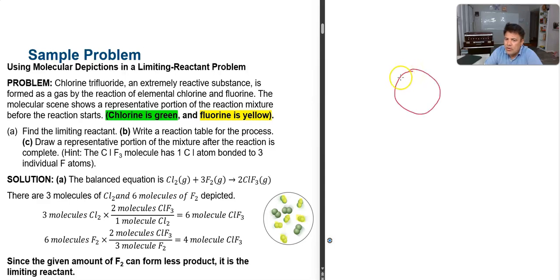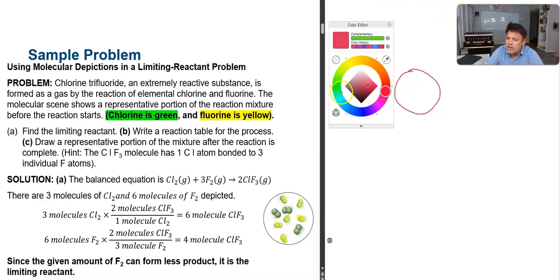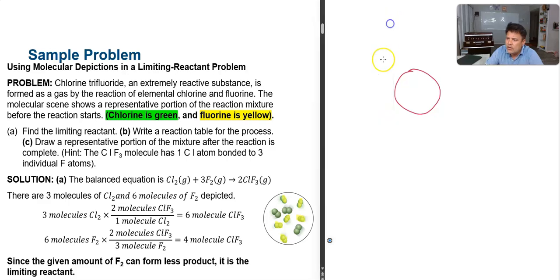Here you have a container, and it has 3 chlorine. Look at that, 3 chlorine. Chlorines are in green. 3 chlorines. One sphere is for 1 chlorine, another sphere for the other chlorine.